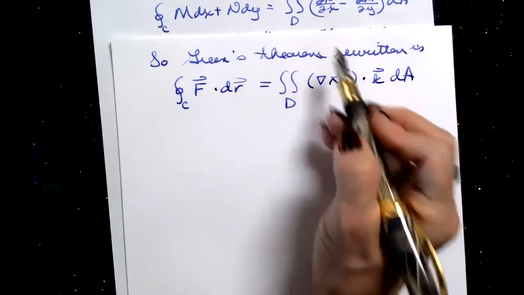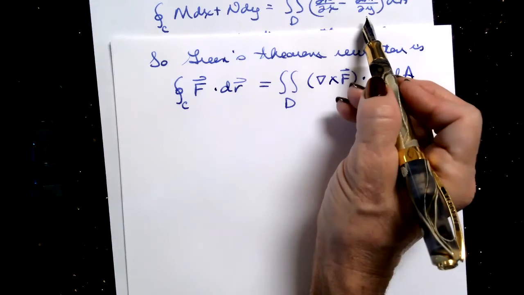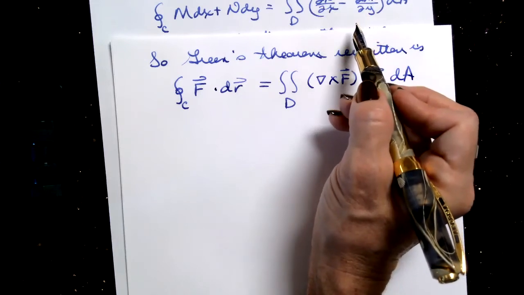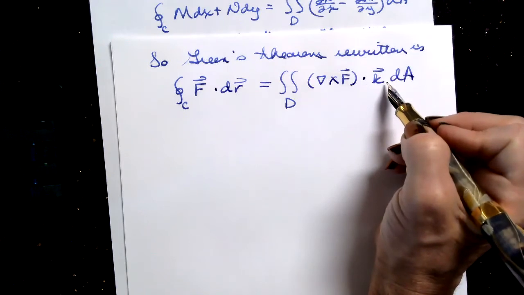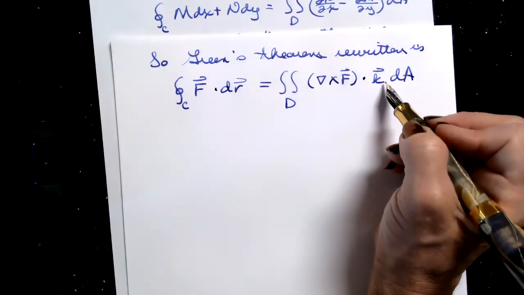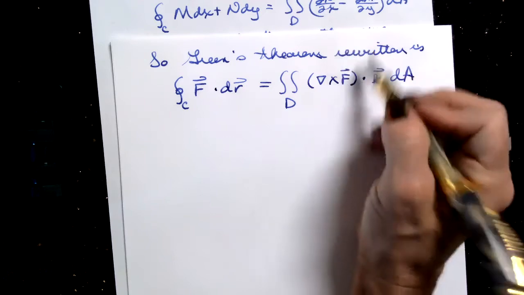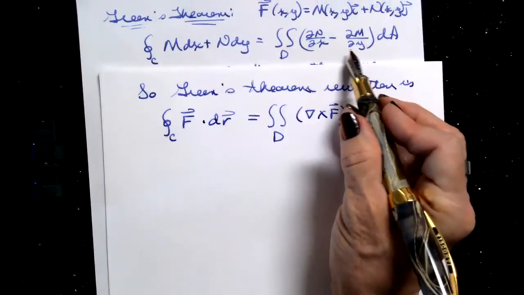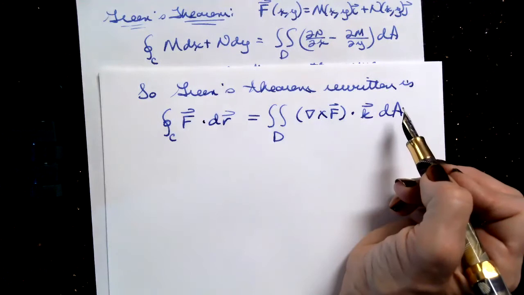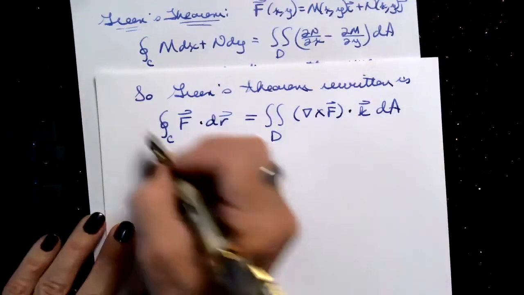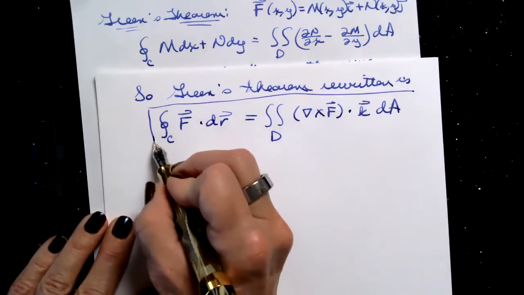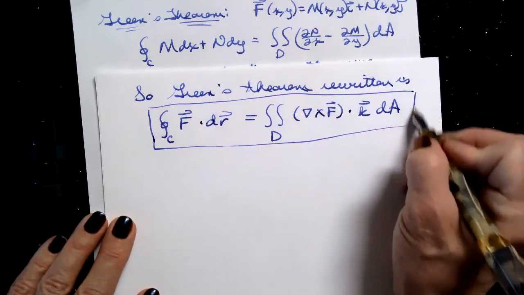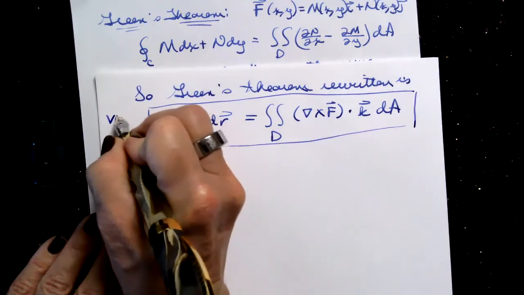Because the curl of F is N sub x minus M sub y times the vector k. When you dot it with k, you get k dot k, which is 1. So this is exactly the same thing as the right-hand side that we had in Green's theorem before, okay? So one can view this as a vector form of Green's theorem.